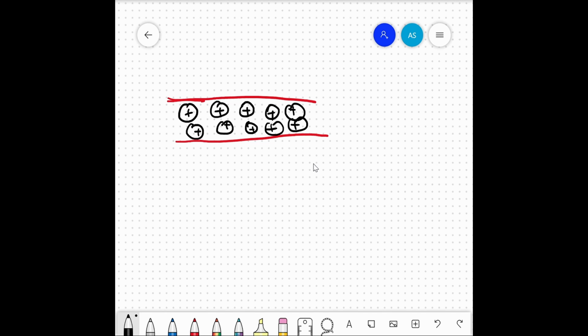The positive metal ions are fixed in a giant ionic lattice structure, while there is a sea of delocalized mobile electrons that are moving in between these fixed positive ions.